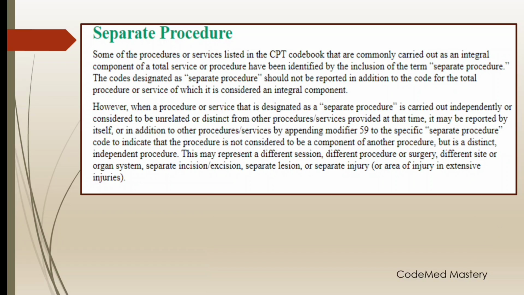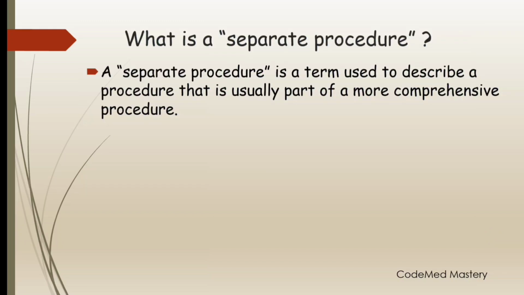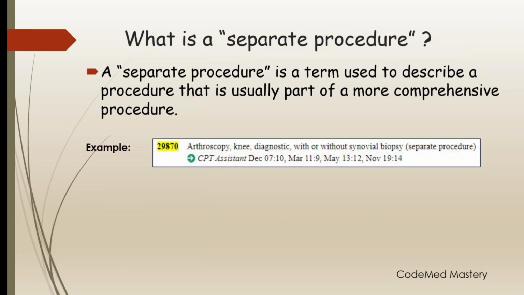It may seem a bit difficult for you to understand this explanation. So let us start with what a separate procedure is. A separate procedure is a term used to describe a procedure that is usually part of a more comprehensive procedure. For example, this code 29870, arthroscopy knee diagnostic with or without synovial biopsy. In the bracket, they have given separate procedure.